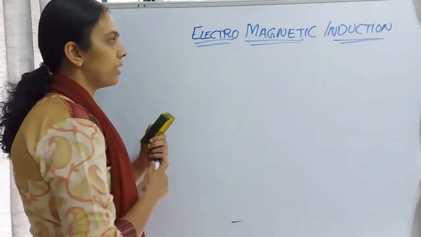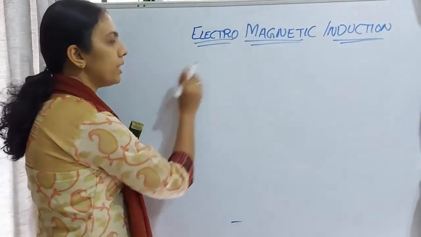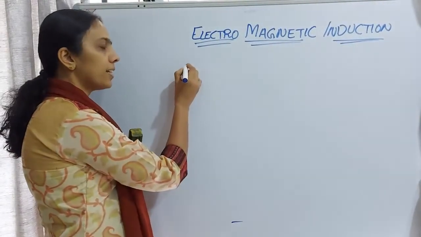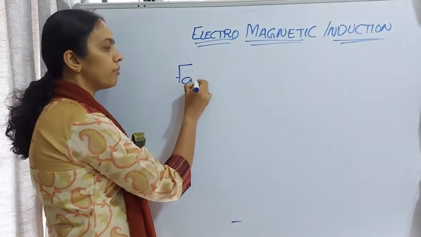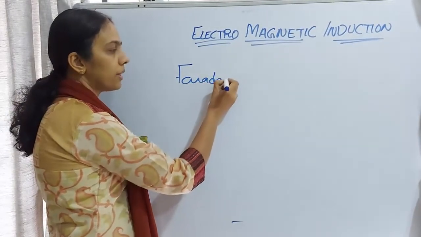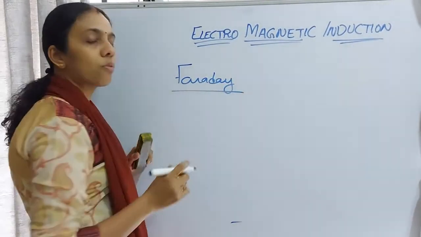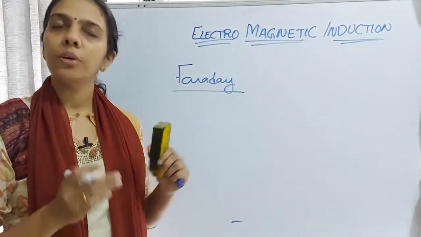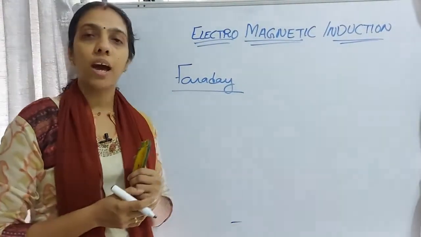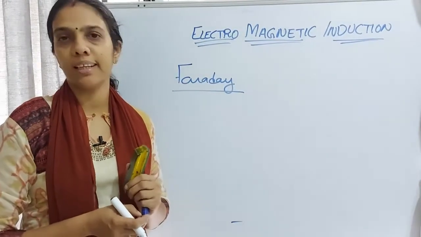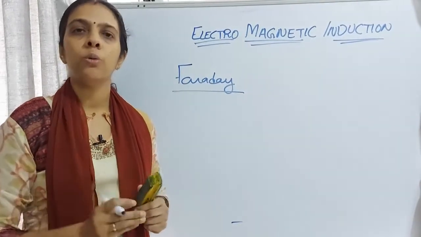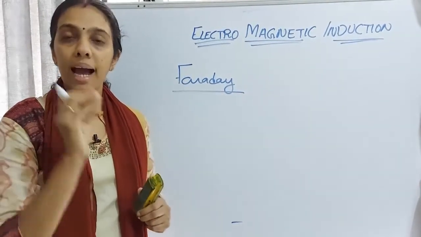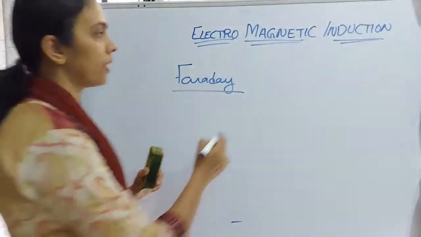electromagnetic induction? See, the study of electromagnetic induction was first given by Faraday. Okay, Faraday's laws of electromagnetic induction, that is very important. For understanding Faraday's laws of electromagnetic induction, first we need to know what is meant by magnetic flux.